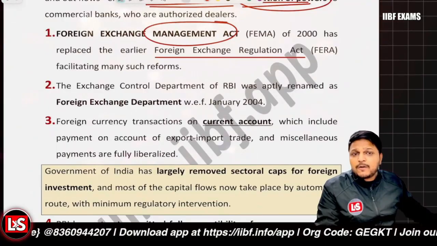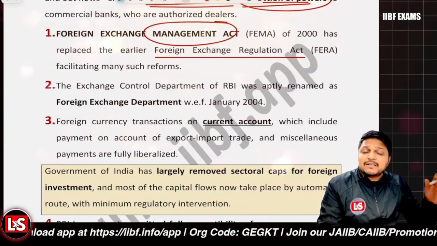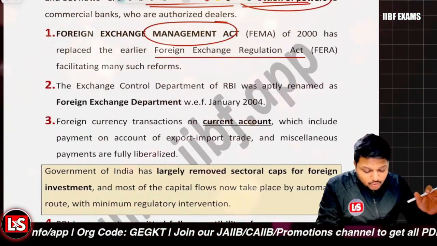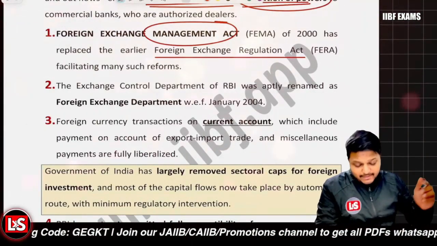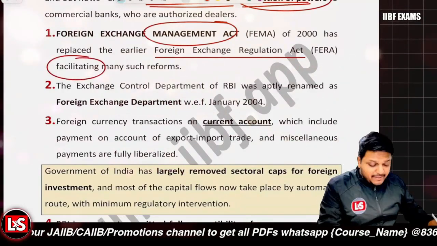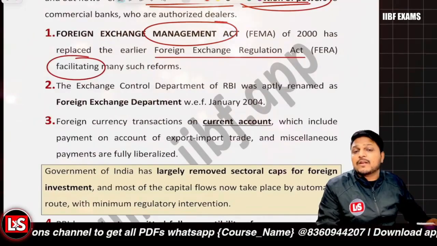So if we talk about FEMA, FEMA is management, but FERA was related to strict regulation, and FEMA is to facilitate external trade, whereas FERA was related to conservation of foreign exchange.